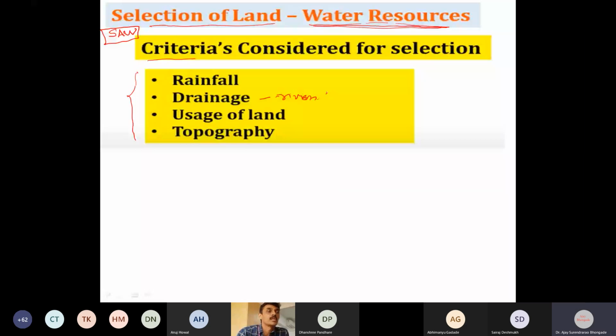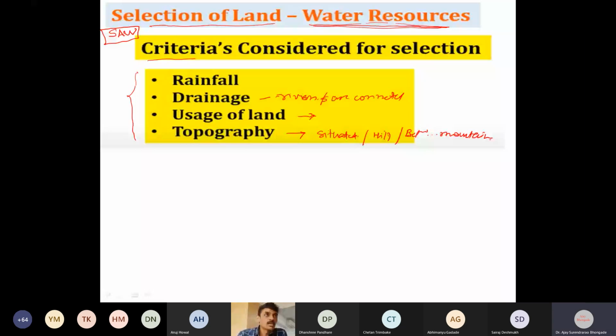Uses of land, whether that land is used or unused, or is it for agriculture purposes, or is it of no use. What is the topography, where it is situated, on the top of the hill, or between the mountains, or anything like that. These are the criteria we consider when we select.